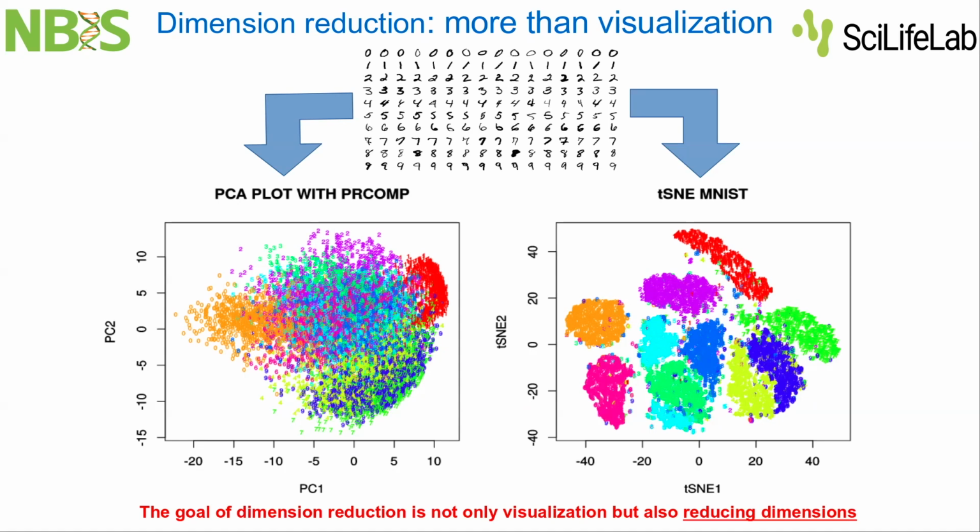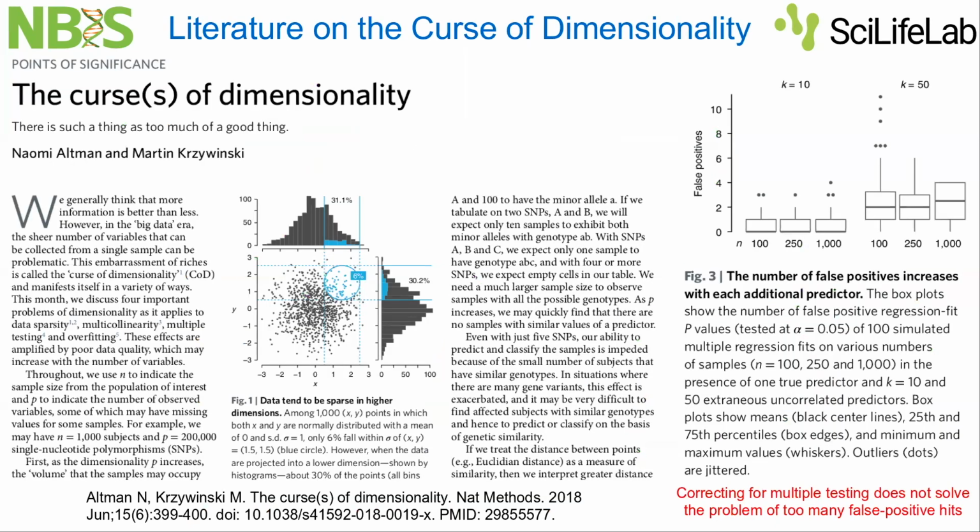So it's quite rare still, and that's why you typically can run into various problems and pitfalls in statistical analysis. I'm not going into the details here, I'm not explaining what exact pitfalls, but I highly recommend you to check the literature on the curse of dimensionality.